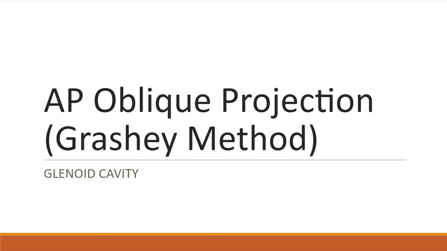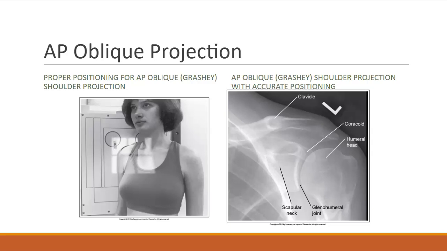Now let's move on to the image analysis of the AP oblique projection, Grashey method. Image analysis guidelines for the AP oblique projection, Grashey method, state that the glenoid cavity is demonstrated in profile and the glenohumeral joint space is open.